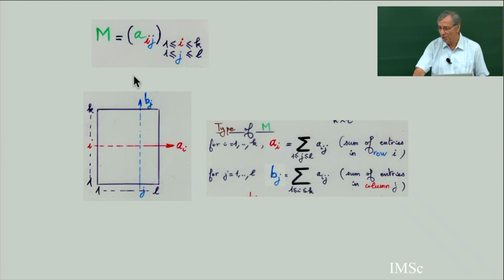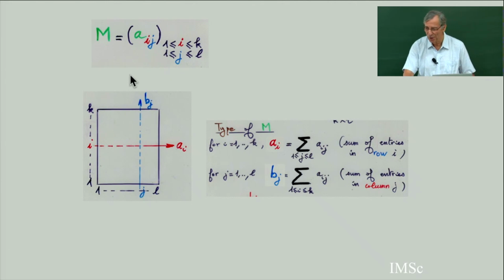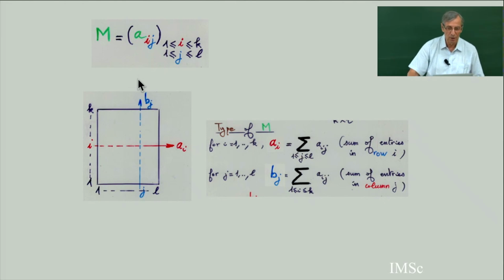For the standard Robinson-Schensted correspondence, it was 0 or 1 only. The matrix was a permutation with at most one 1 in each column and at most one 1 in each row. Now I have a general matrix where the coefficients can be integers, and the type of the matrix, I will denote a_i, the sum of row i, and b_j, the sum of the elements in column j.